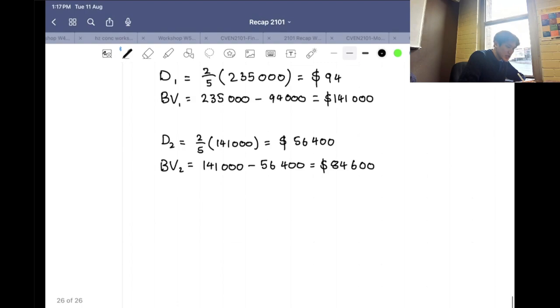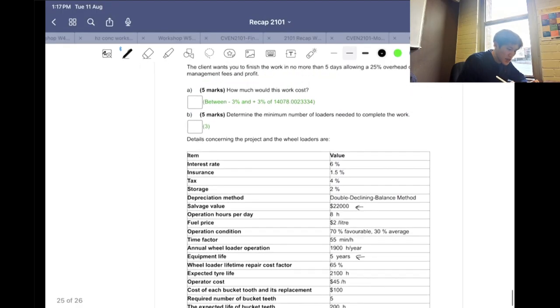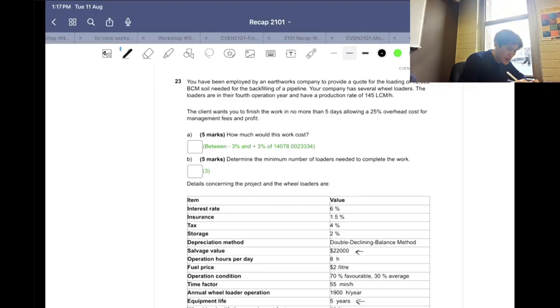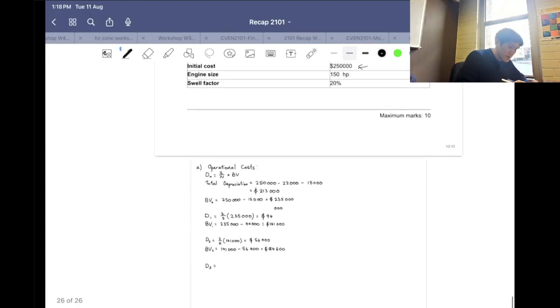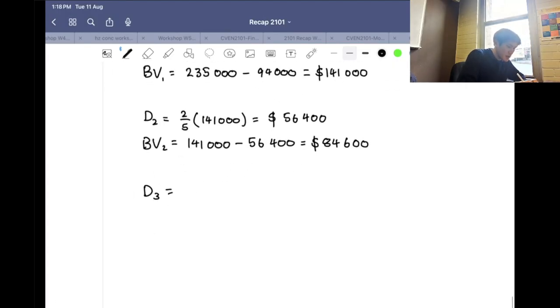But yeah, it's a very tedious process. You just keep going through the iterations until you hit the depreciation of year four, because the question asks to find, where does it say? In the fourth operation year. So depreciation of year three would be 2/5 times the book value at the end of year two, which is 84,600.